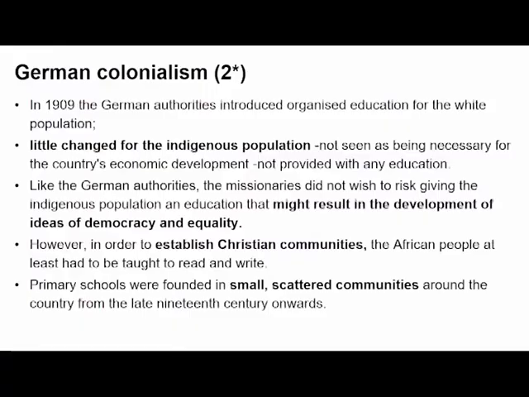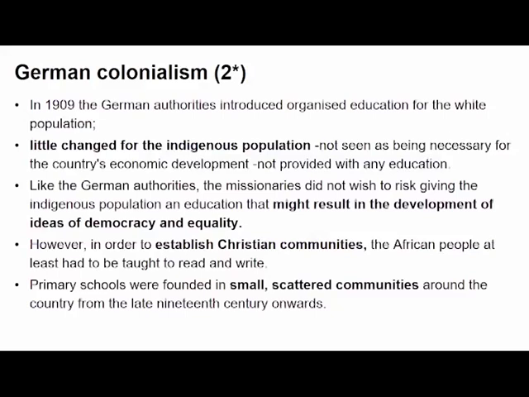What we see is that in 1909, they introduced education for the white population, but very little changed for the indigenous population. They didn't see it as necessary for the country's economic development. That's why they did not provide the indigenous population with any education.